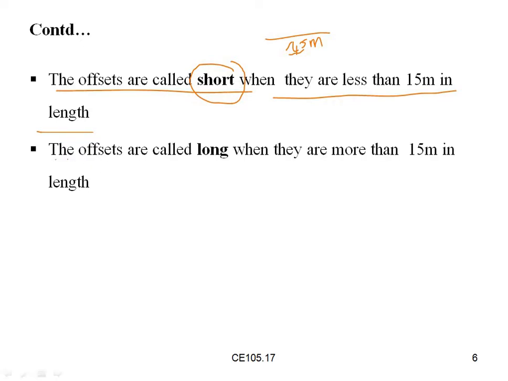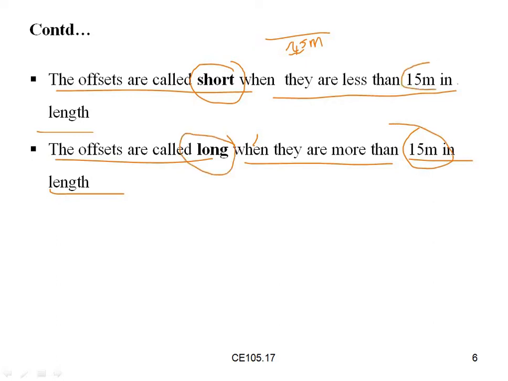The offsets are long when they are more than 15 meters in length. So 15 is the number we have to remember, to distinguish short and long.